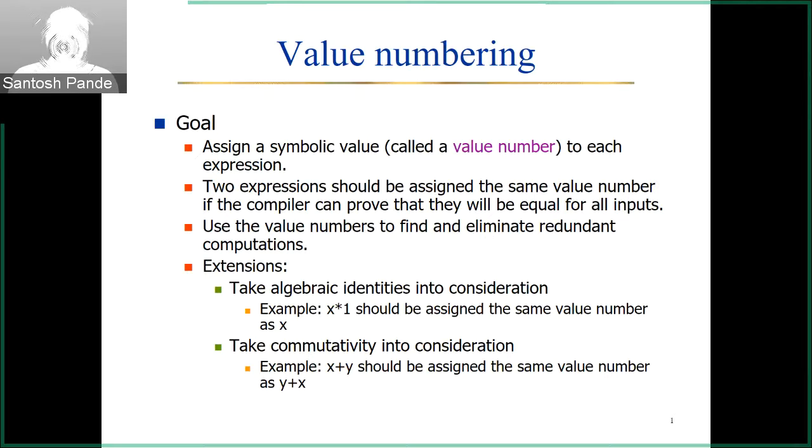We should see that first. We'll look at it in a non-SSA sense, and then we'll go into an SSA based version. So the main goal here is to track the data flow using something called a tag number or a value number, what we call it.